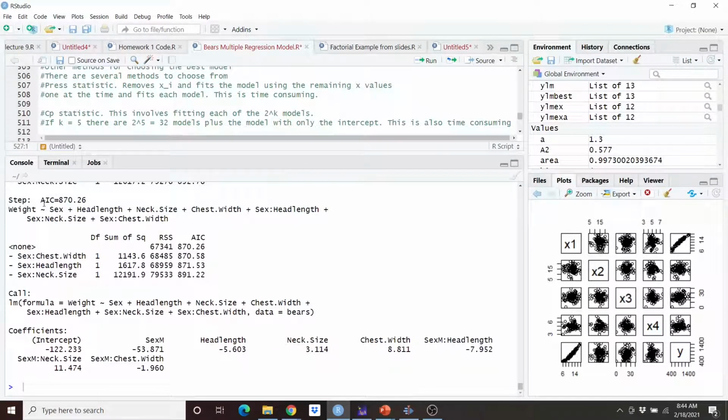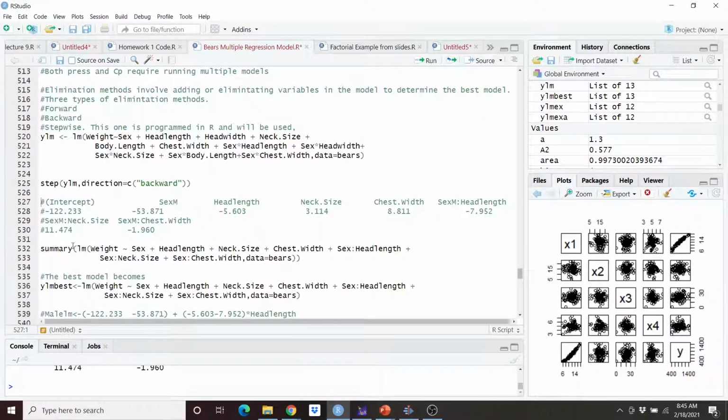Now you'll notice that we have this AIC value that we'll discuss in a minute, but notice these are our coefficients. So these are the values that our stepwise method is saying we need in the model: our intercept, our sex, our head length, our neck size, our chest width, our sex by head length, sex by neck size, and sex by chest width. We're going to look at a summary of this model and see what we get.